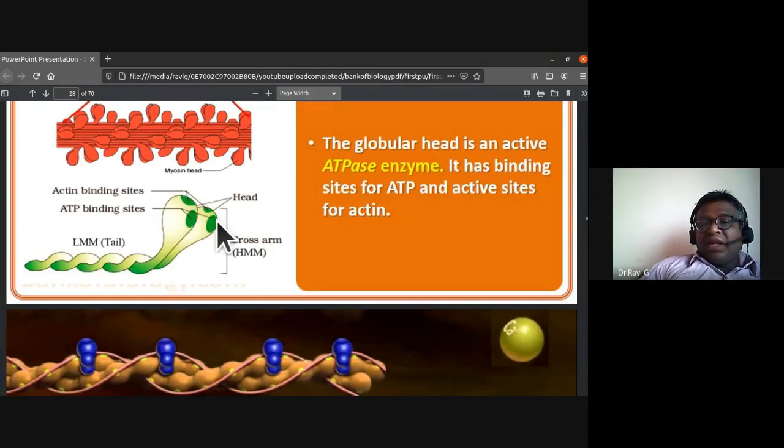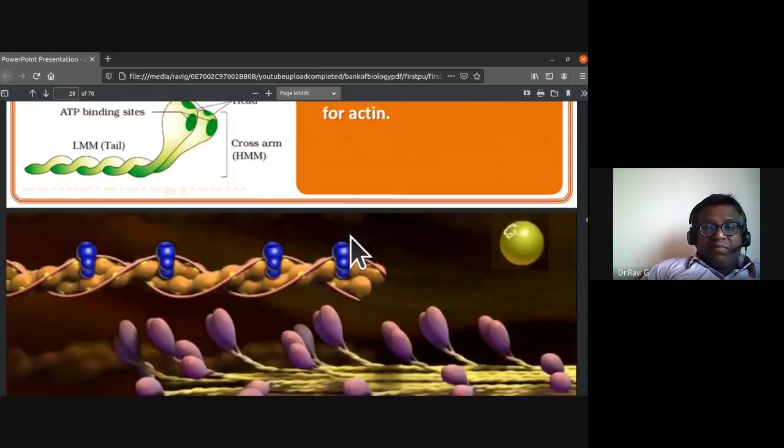So there is the actin binding site, and they have this ATP binding site. The globular head is an active ATPase enzyme.